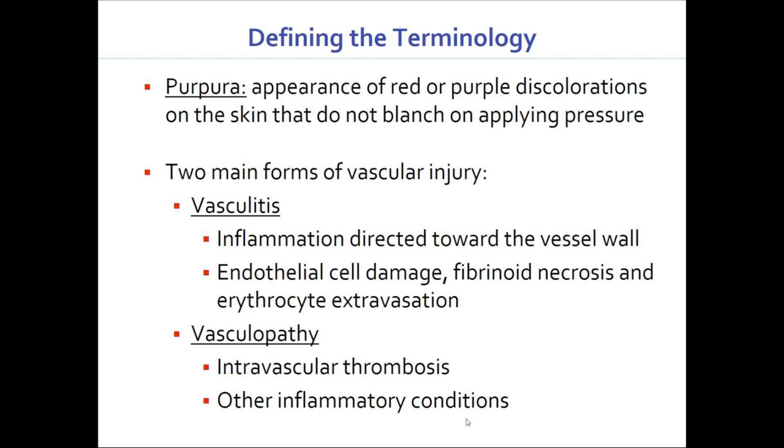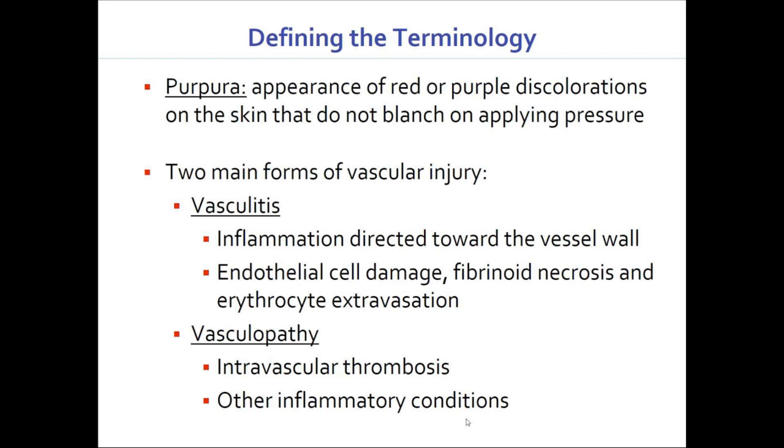Purpura in Latin means purple, and it describes the discolorations on the skin that don't blanch upon applying pressure. And there are two main forms of vascular injury. Of course, there's vasculitis, wherein the inflammation is directed towards the vessel wall, resulting in endothelial cell damage, fibrinoid necrosis, and erythrocyte extravasation.